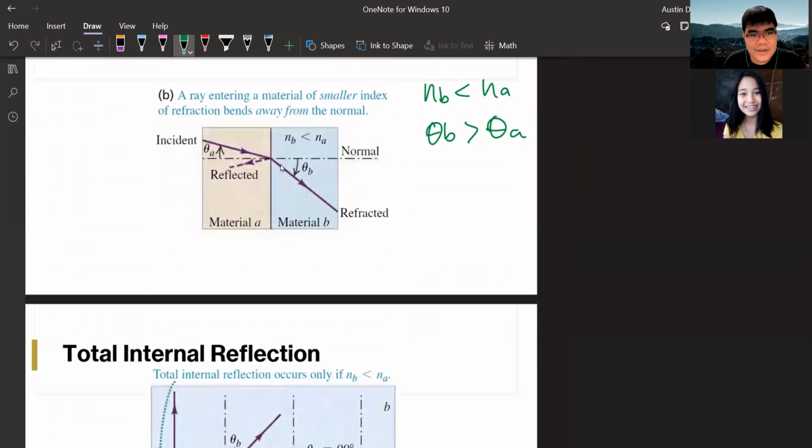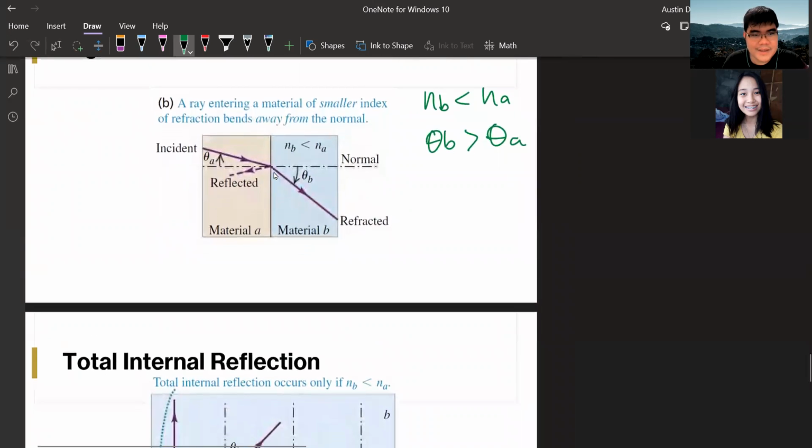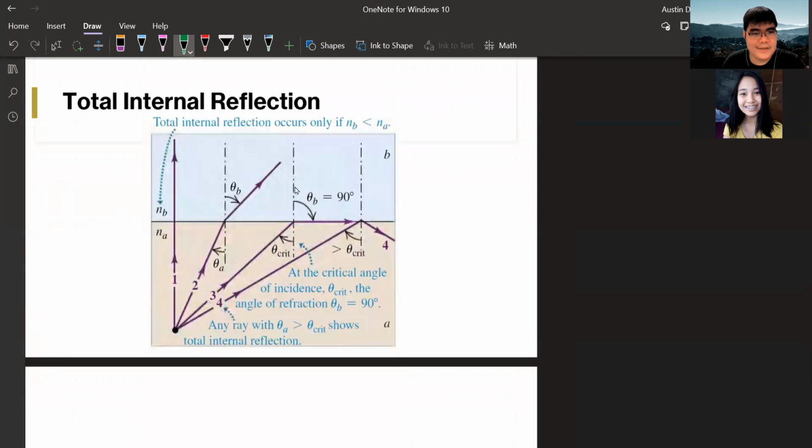Okay, so what if, i-anuhan natin to, tignan pa natin to, no? May special case na mangyayari kapag vinary natin si theta A. Okay, so tingnan nyo to, i-rotate lang natin siya 90 degrees. Ito siya. Syempre kapag normal yung incidence mo dun sa interface, syempre tatagos lang, di ba?